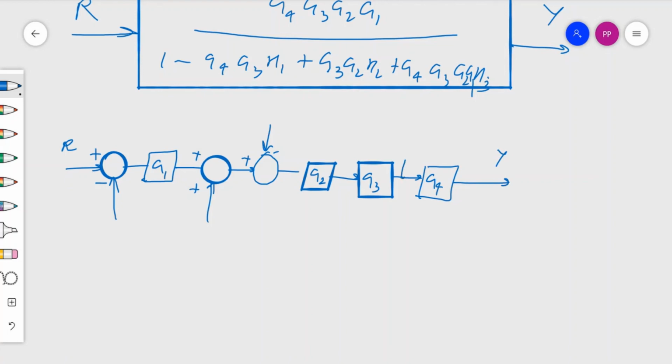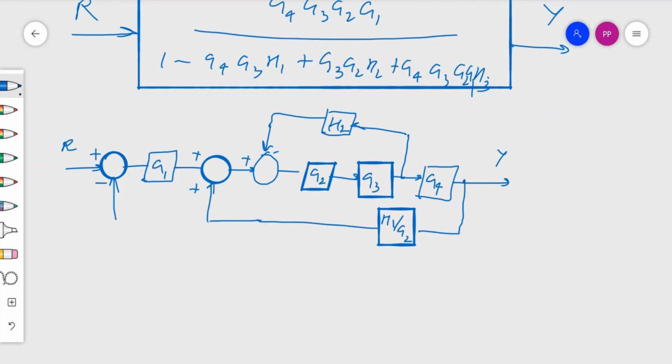and between G3 and G4 there is a takeoff point from where through filter H2 I am sending a signal to this point for comparison. Then the output can be taken through a block H1 by G2 to reach the summing point where it is summed up.